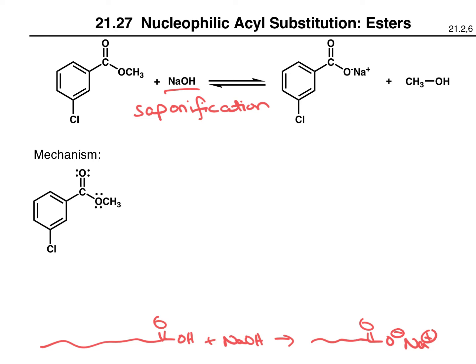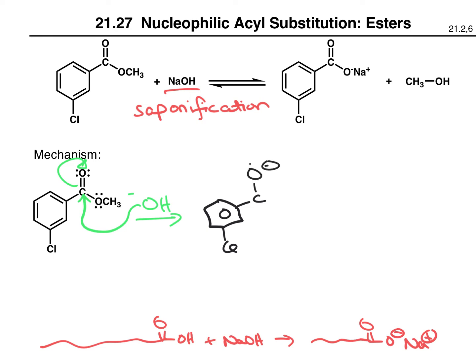What's going on? If this follows nucleophilic acyl substitution, then we're going to start out where hydroxide is going to share its electrons with the carbonyl carbon, pushing these electrons up onto the oxygen, giving us this intermediate. Sorry, I should fill in more details.